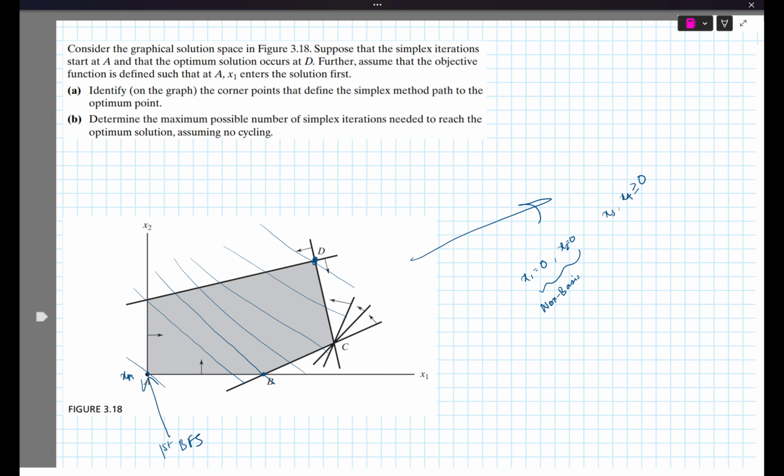But if I draw in some other way, I can draw like this also, right?